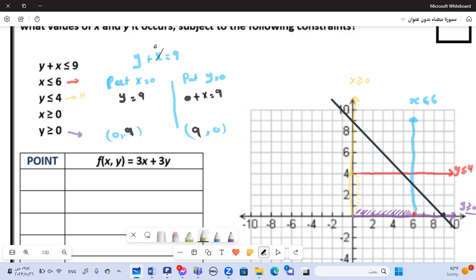y less than 4. Where is the line y less than 4? This line? Yes. If we have less than, in negative, if there is a negative number on the other side.